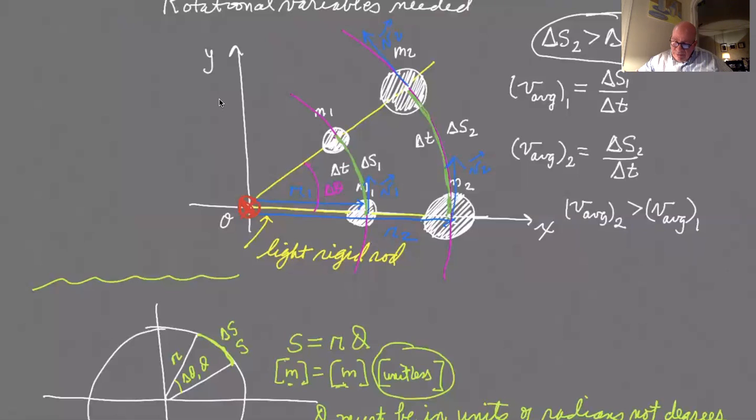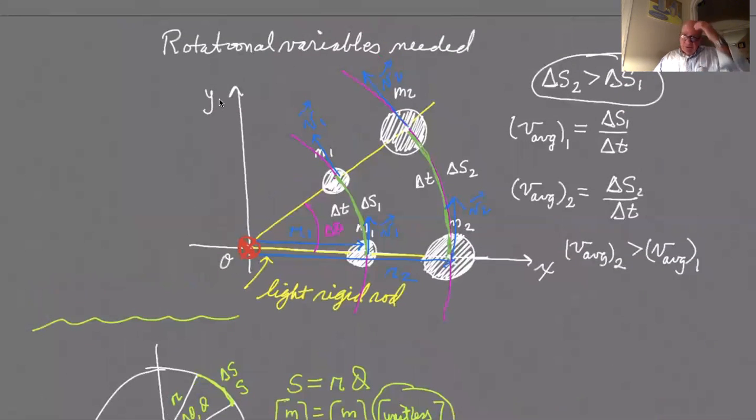Here's V1. And you'll notice that I drew those vectors with the arrows basically showing that the farther we go out, the greater the velocity.